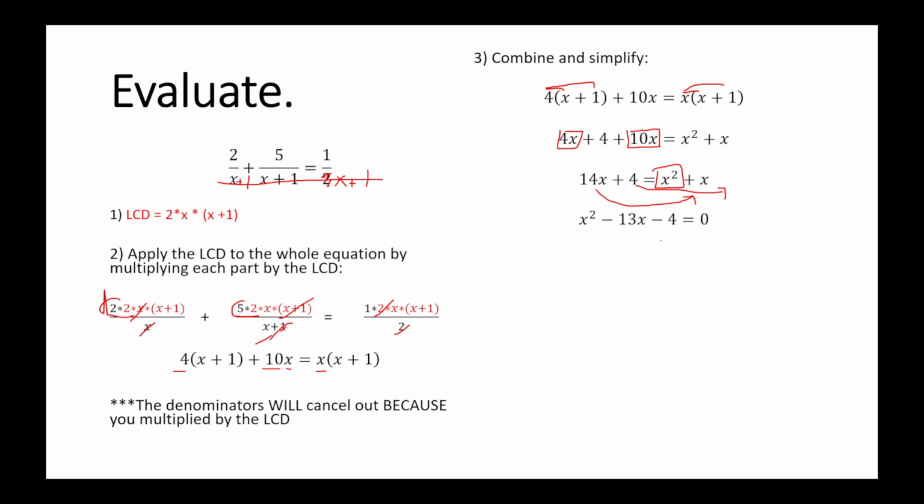Now, to solve an equation like this, you can either factor or use the quadratic formula. There's different ways to factor. We talked about one of the ways earlier. But in this case, it would be best for you to use the quadratic formula.